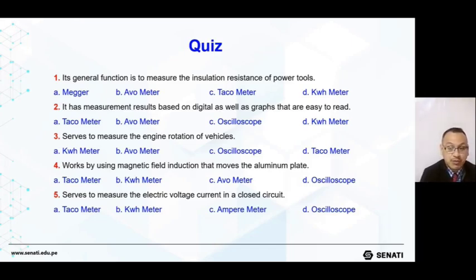Yeah, that's absolutely right. The answer is letter B, the kilowatt meter. The kilowatt meter works by using magnetic field induction that moves the aluminum plate.